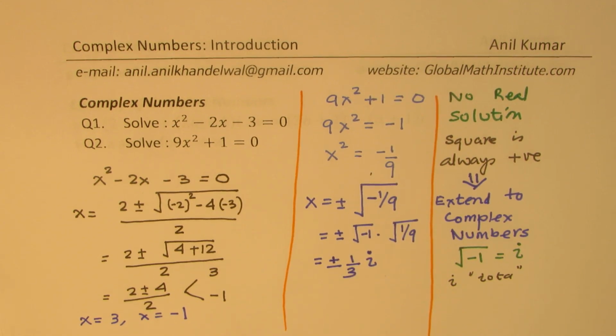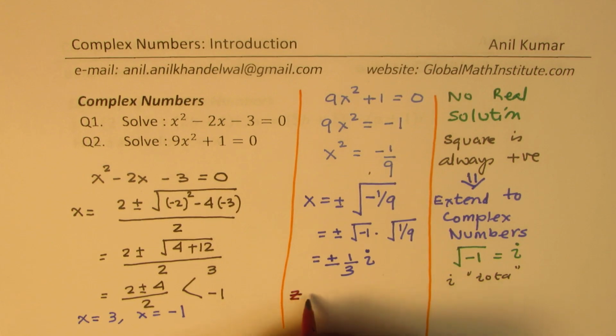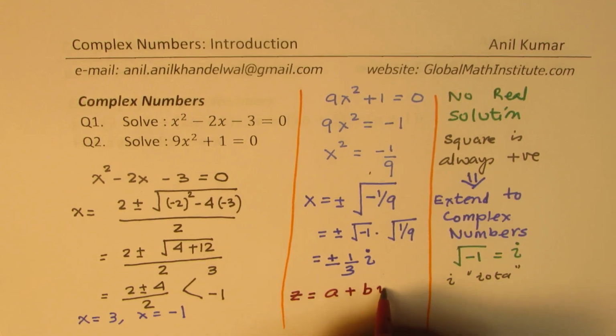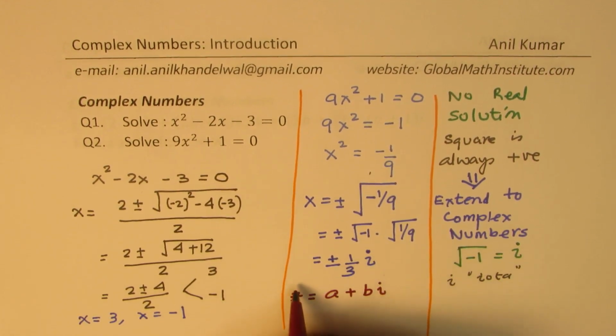Now that becomes a complex number, this iota, which is the square root of minus 1. In general, we will be writing complex numbers in the form of a plus bi, right? So generally, we'll use letters like z equals a plus bi, and that is how we are going to write complex numbers.